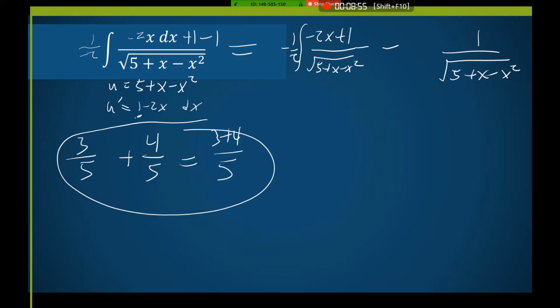So minus 1 will become a minus 1 over the same denominator. But right now, I'm multiplying everything by negative 1/2 and taking the integral of everything. So if I want to split this apart, then I would have to distribute both the negative 1/2 and the integration sign to both of these terms. So that would be negative 1/2 times the integral of this term. Okay, that was a good question.